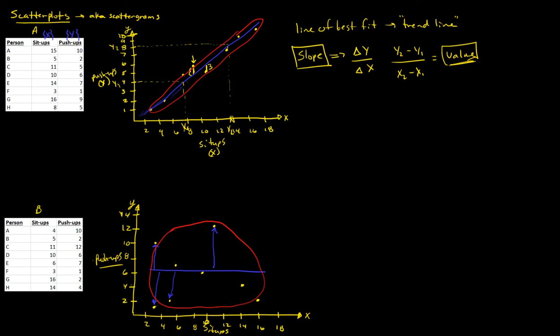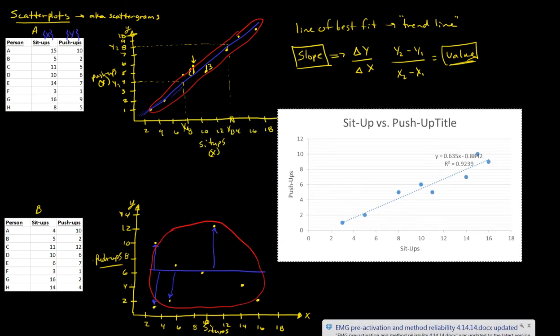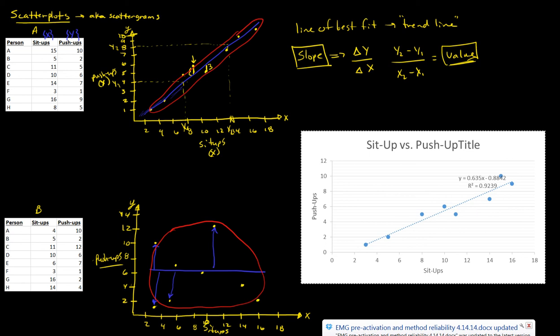interpret it. Let me just briefly, before we put this away here, show that if you were to plot this in an Excel spreadsheet and then paste this, see if I can bring it in here real quick, this is what it would look like.